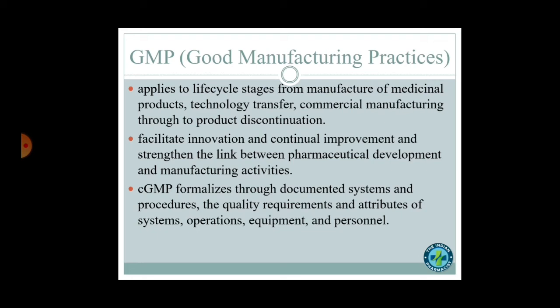It means it starts right from the R&D level to the last stage of the product. It helps to facilitate innovation and continual improvement and strengthens the link between pharmaceutical development and manufacturing activities. GMP formalizes, through documented systems and procedures, the quality requirements and the attributes of systems, operations, equipment, and personnel.